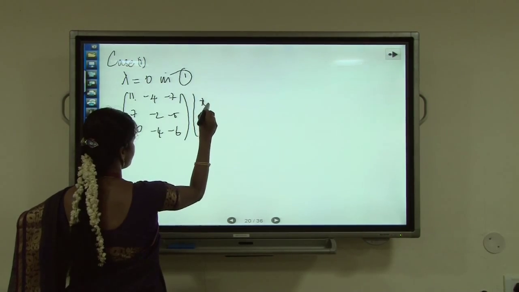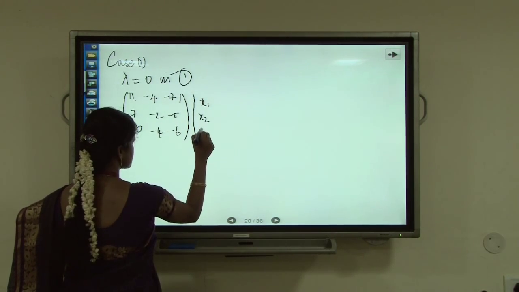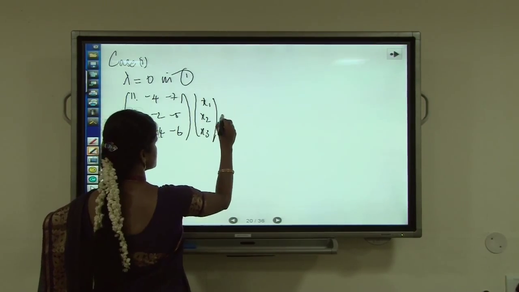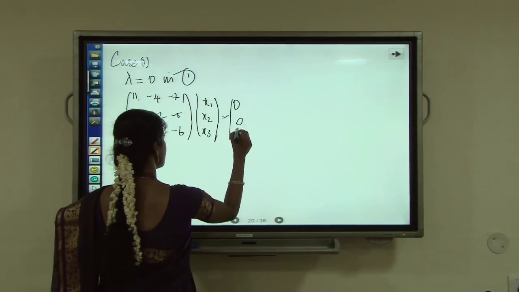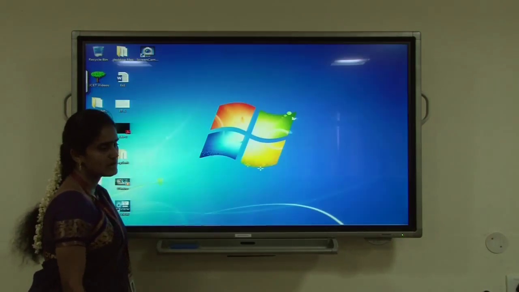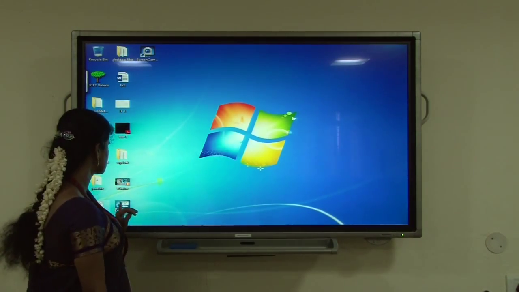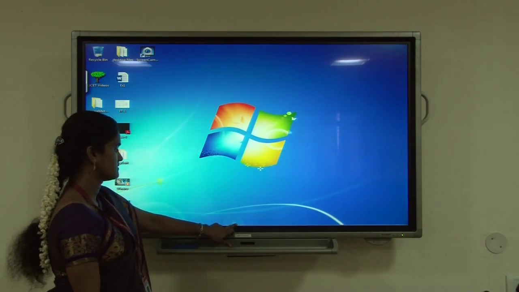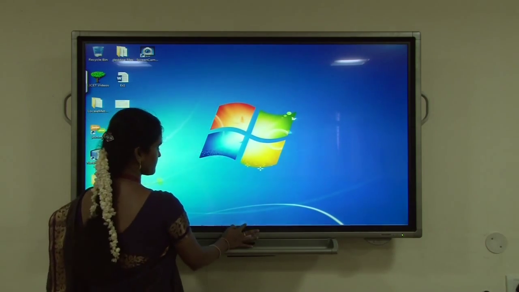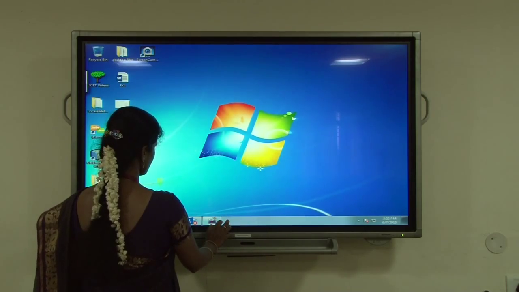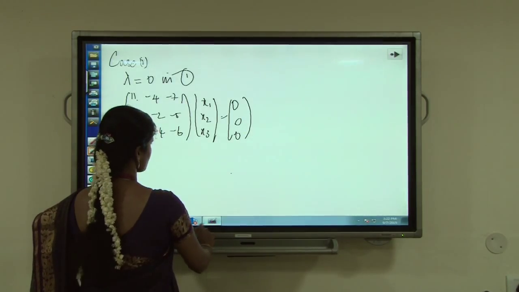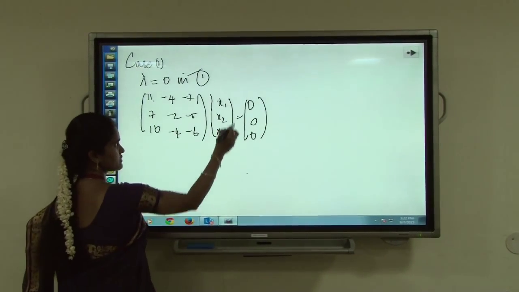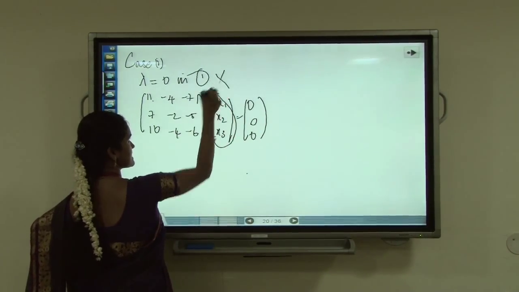Then x1, x2, x3 is equal to 0, 0, 0. Now to find the values of x1, x2, x3, this is what your capital X is.